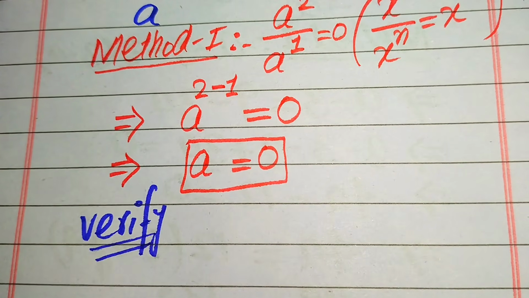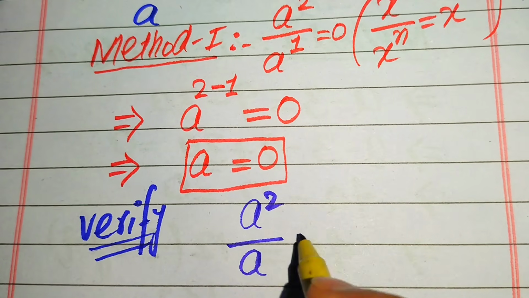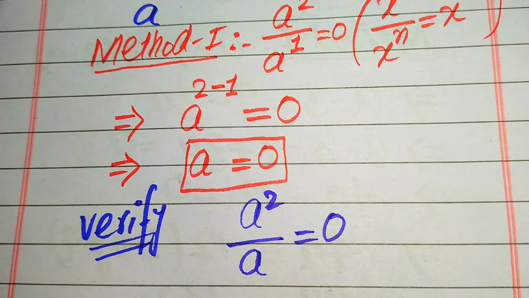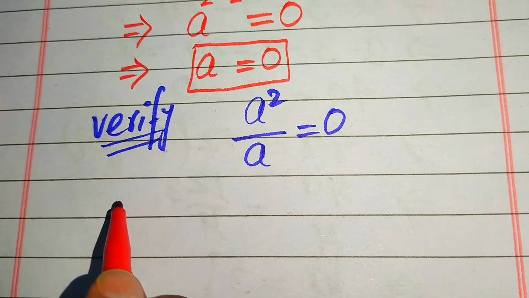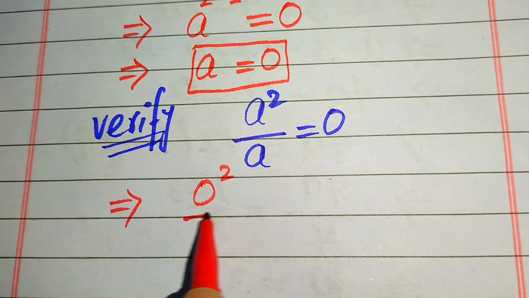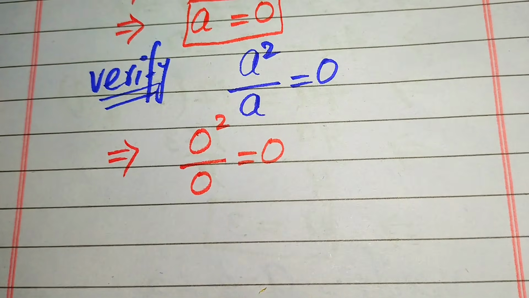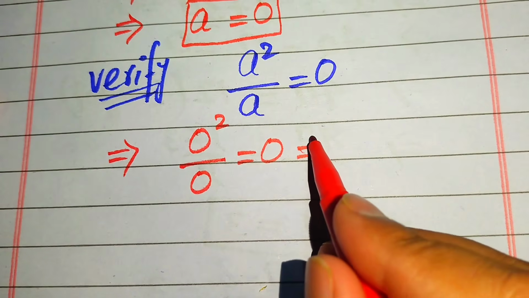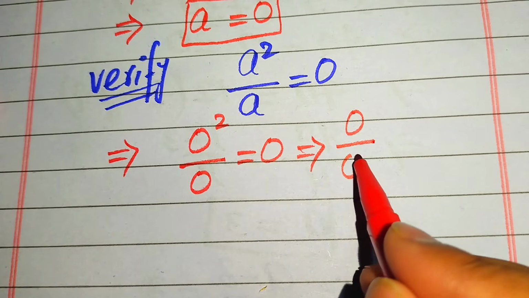And now we verify the value of a. For this we copy down the given question statement: a squared divided by a equals 0. Here we substitute a equals 0 into the left hand side and check its behavior. So this becomes 0 squared divided by 0 equals 0. 0 squared becomes 0, so we have 0 divided by 0.